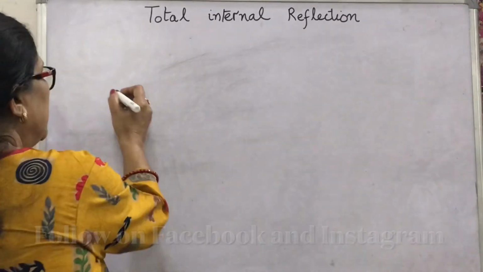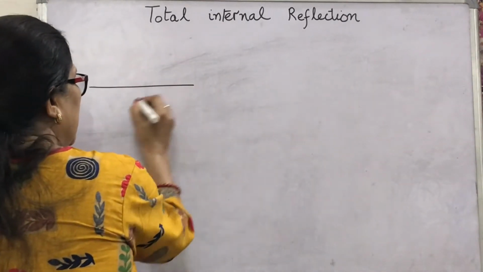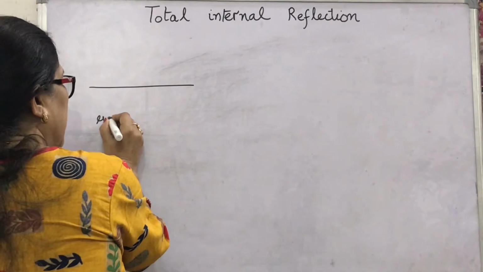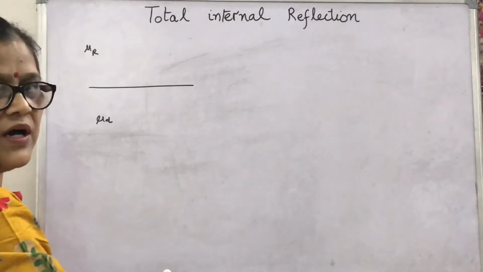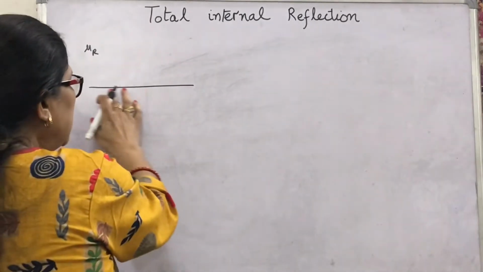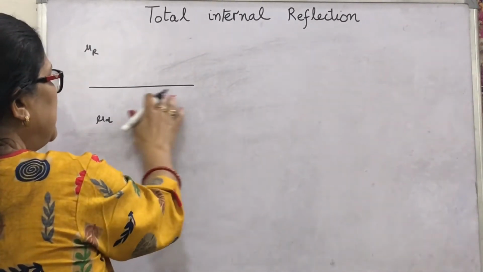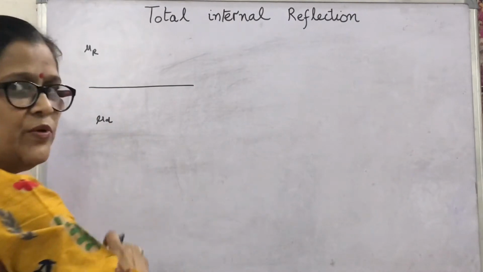We have seen that if this is the denser medium, suppose I write with mu d, and this is the rarer medium, I write with mu r. This is the interface, that is the boundary separating both mu d and mu r.